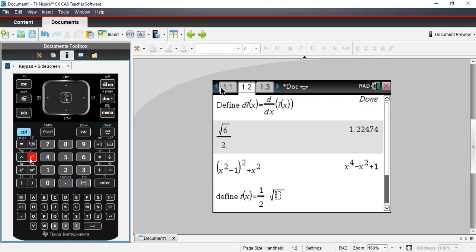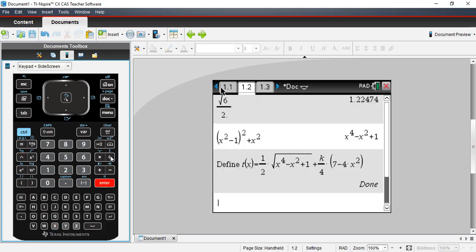So the square root of x to the power 4 minus x squared plus 1, and then plus k over 4, a quarter of k, times 7 minus 4 times x squared. Alright, so this is the expression. I'm not going to put in what k is just yet, so you could do it here.